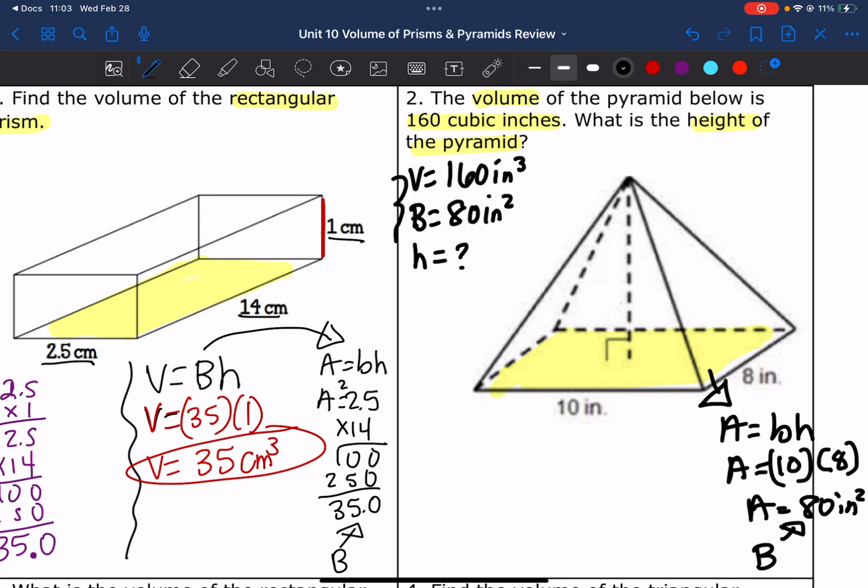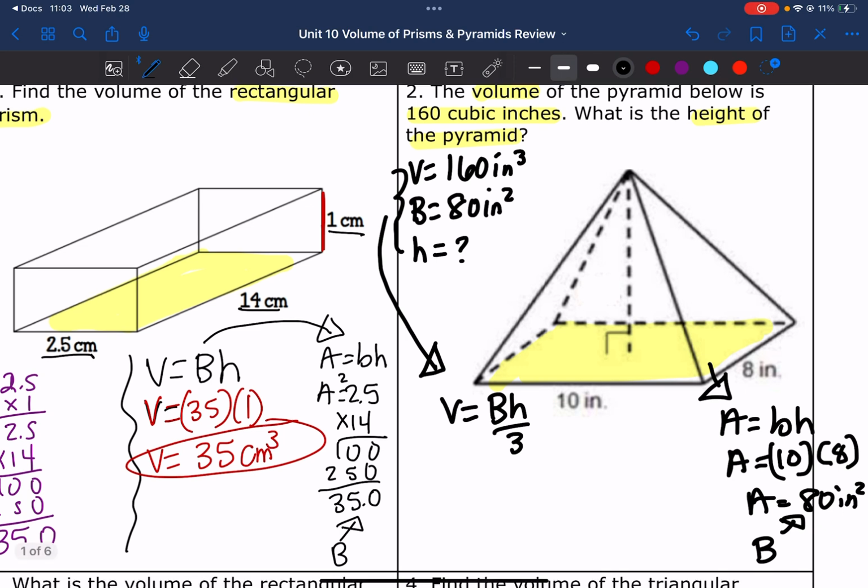All of this is going to be plugged into the volume formula, which is volume is equal to capital B times height divided by 3. Volume can be substituted with 160. Capital B, the area of the base, is 80. And height we don't know, but I can still solve this way.